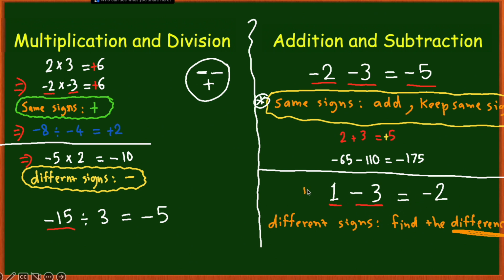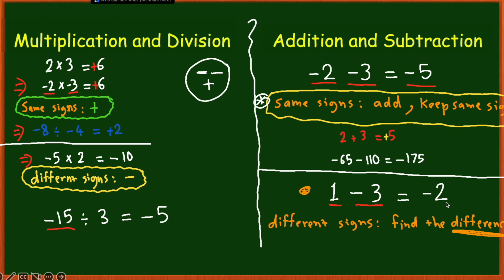Let's ask ourselves a question here. What is the difference between 1 and 3? It's 2. How? Because you need to add 2 to the 1 to get to 3. So 1 plus 2 equals 3. And you need to remove 2 from 3 to get to 1. So 3 minus 2 is 1. So the difference between 1 and 3 is basically 2.